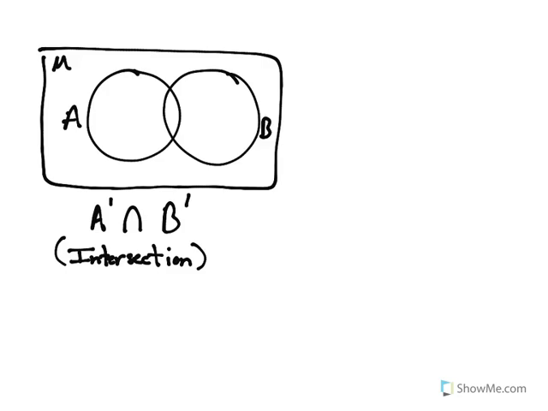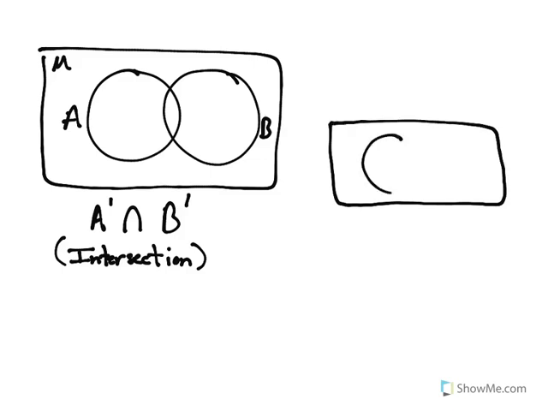The next example is I would like you to shade in the region, which would be the intersection of A complement and B complement. Okay, remember we did unions before. Okay, so we're going to do another intersection. And again, I'm going to do two sub-Venn diagrams. All right. Okay.